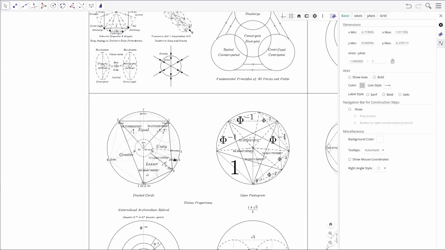So this unity, although it's a one outside the one, is not quite the one in and of itself, which is in this part of the circle.